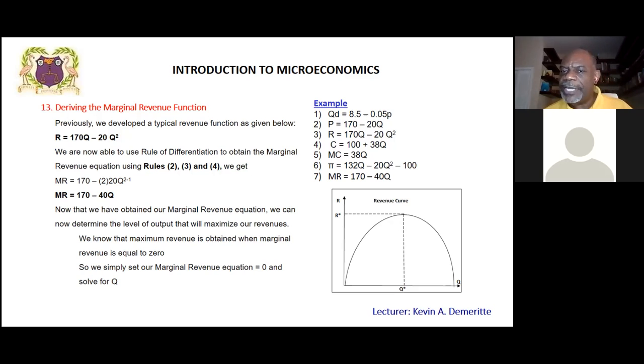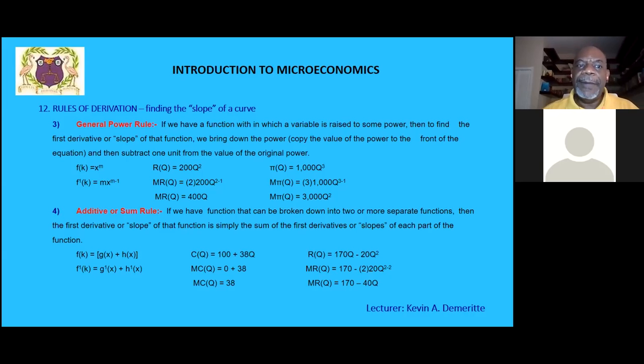How much cost changes when output changes. How much profit changes when output changes. So the slope of all these functions is the rate of change. Our interest in the slope is the rate of change of these functions. What we're calling derivation is finding that slope, finding that rate of change.